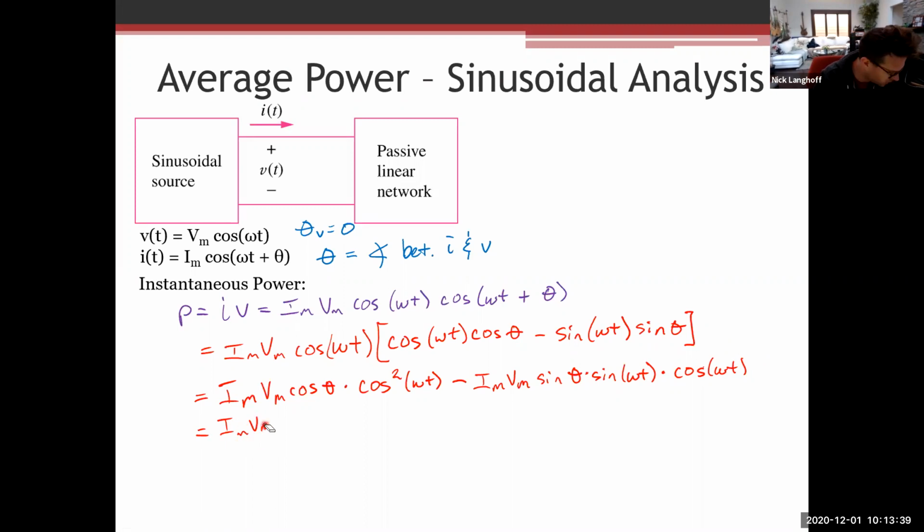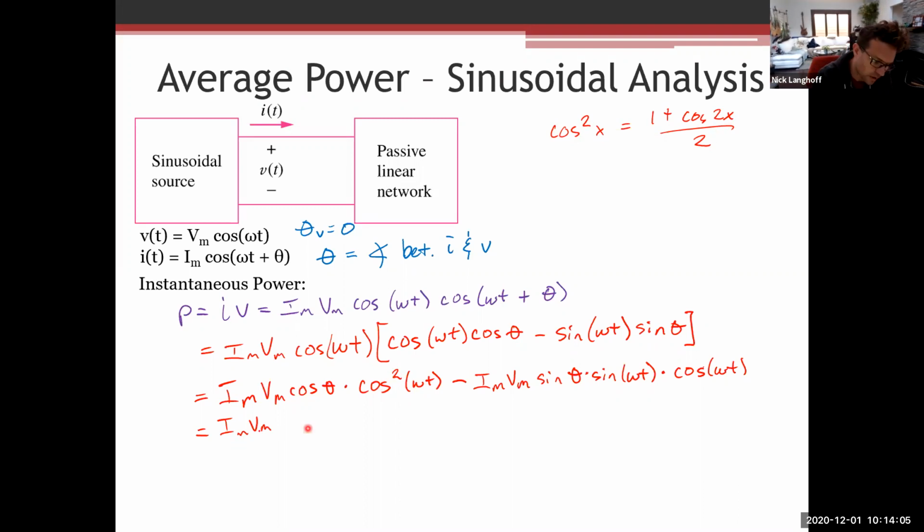So here what we're going to do is use that double angle identity. The cosine square of omega t, we can actually write that as 1/2. We did this earlier: cosine square of x is equal to 1 plus cosine of 2x all over 2. We can use that.